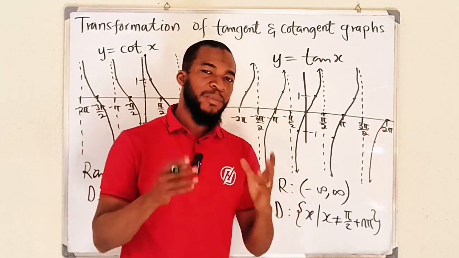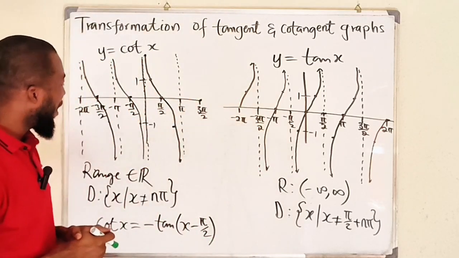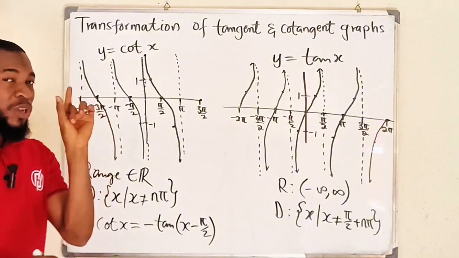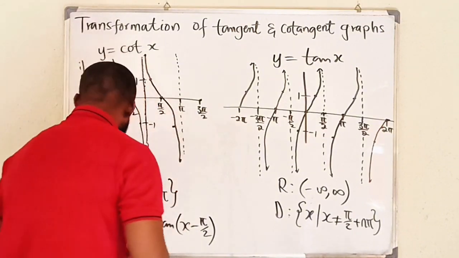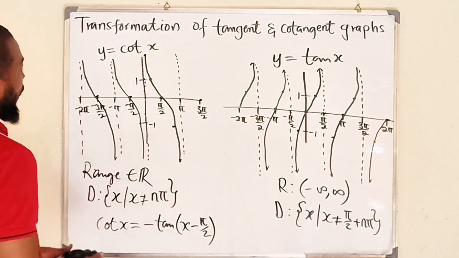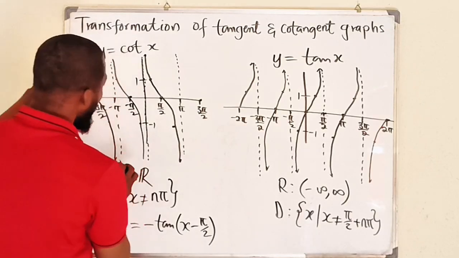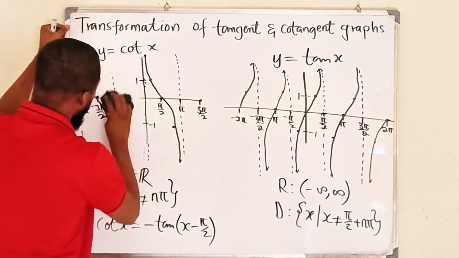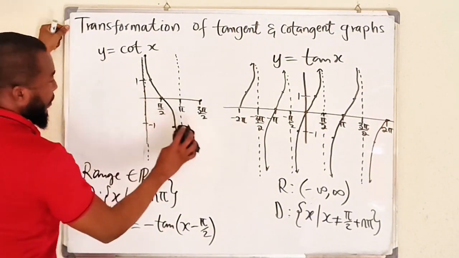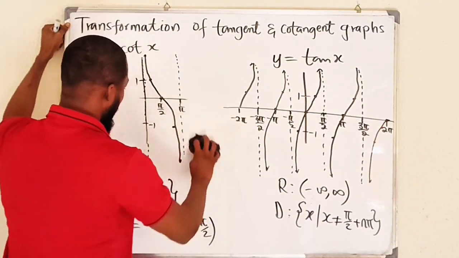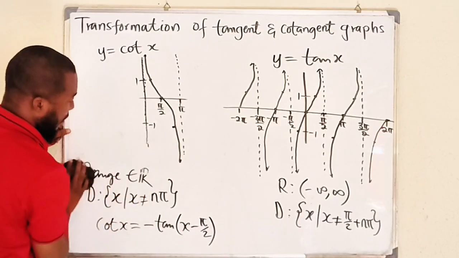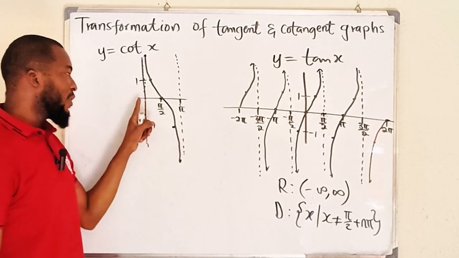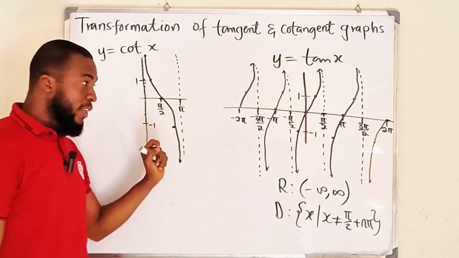So this is all about the mother functions. Now let us look at some of the transformations. But I need more space to do that. Instead, I'm going to pay attention to only one period. You see that? This is one period from the origin to pi for cotangent.